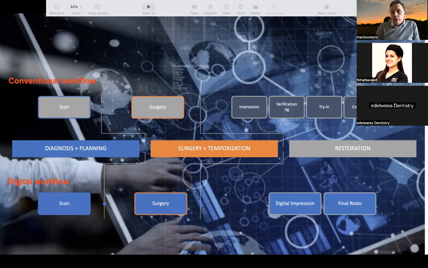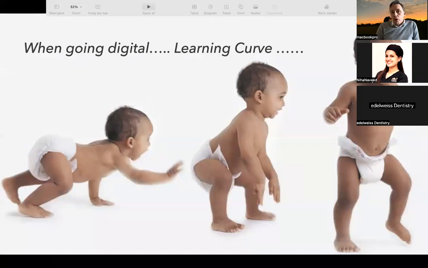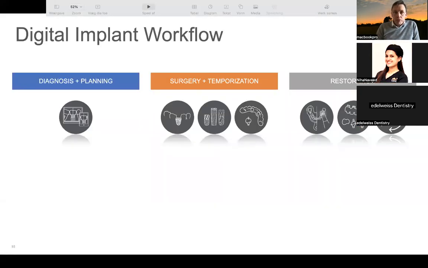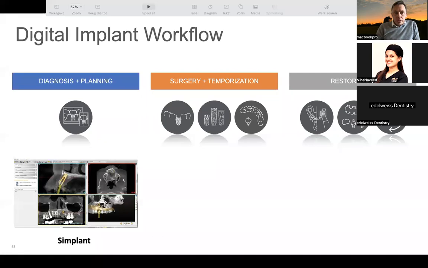The only thing we need is to do a digital impression and put in the definitive restoration. You can skip a lot of steps which you have to do in the analog conventional workflow. But when you want to go digital, you have to agree that you need a learning curve, to put everything together.